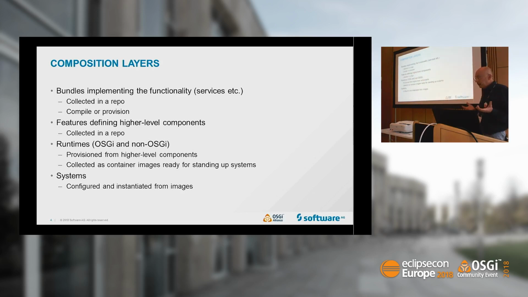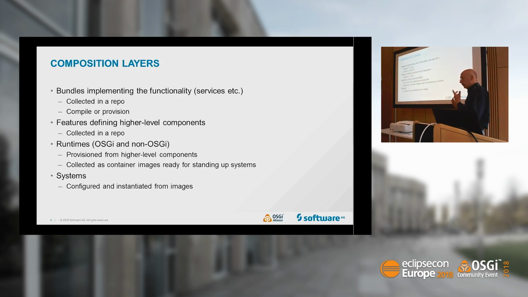So it does make a lot of sense to define higher level components within your wide space of bundles that you're using. So these collect bundles into meaningful functionality. I mean, last but not least, Eclipse itself will install features and not individual bundles. From these features, we build runtimes. These could be OSGi or non-OSGi, and these are provisioned from these components that we've defined through features.